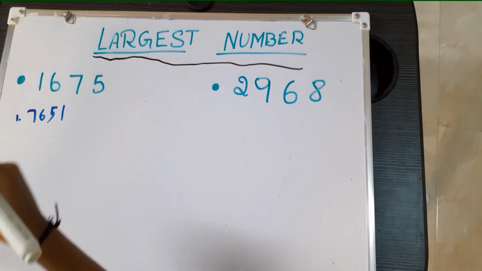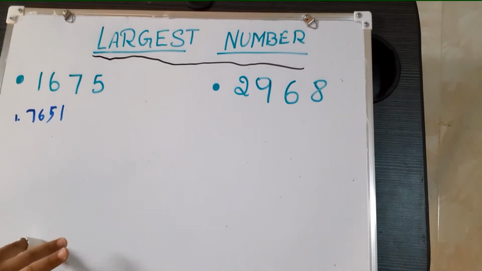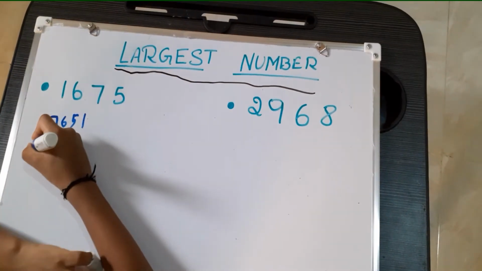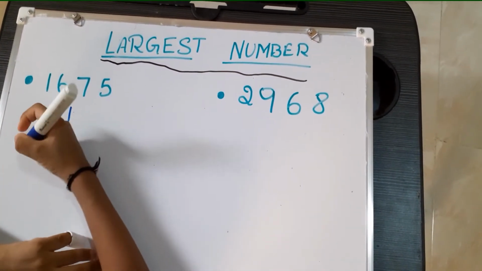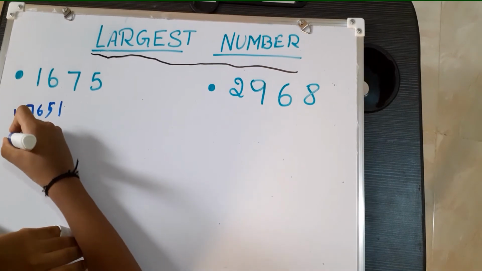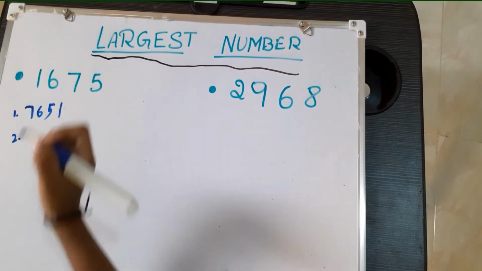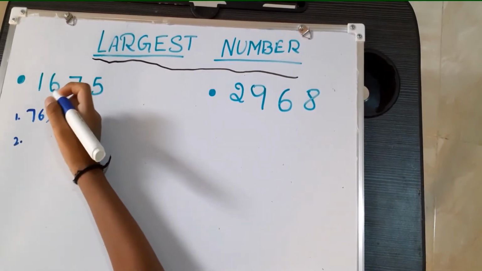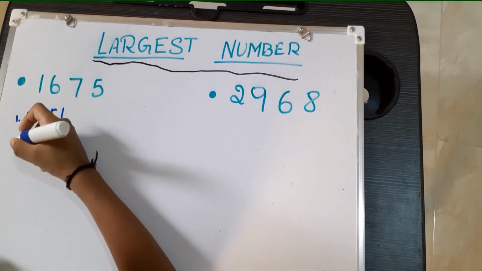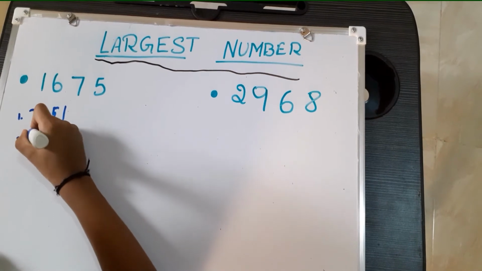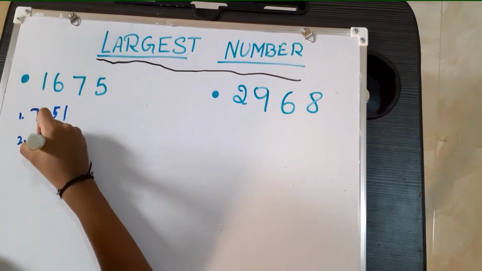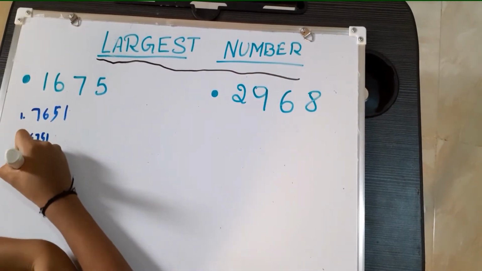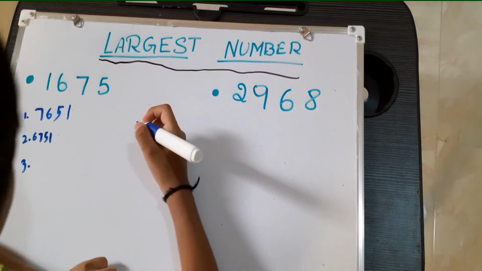The first largest number is 7,651. And what is the second largest number? It is 6,751. So what is the third largest number?